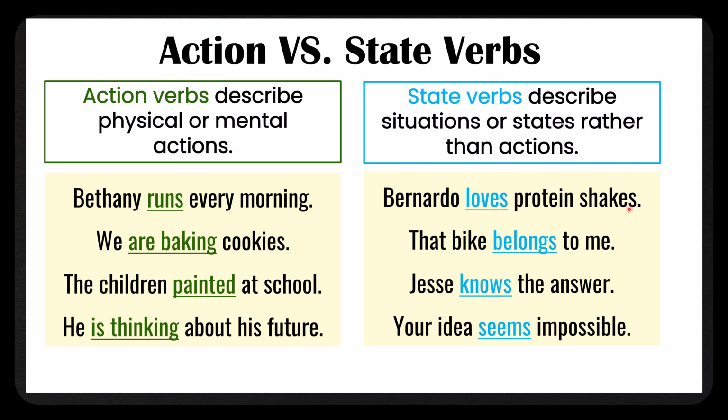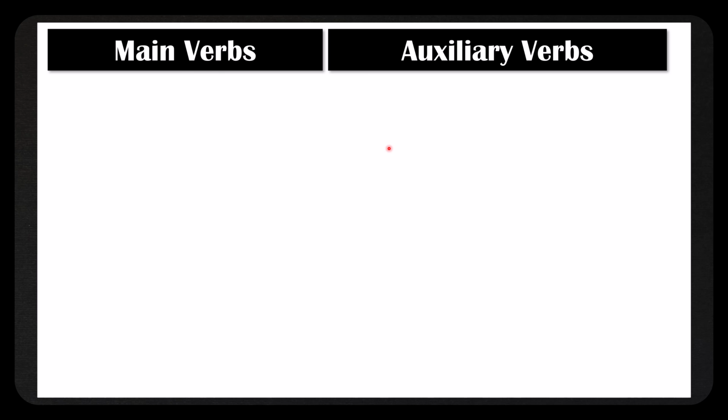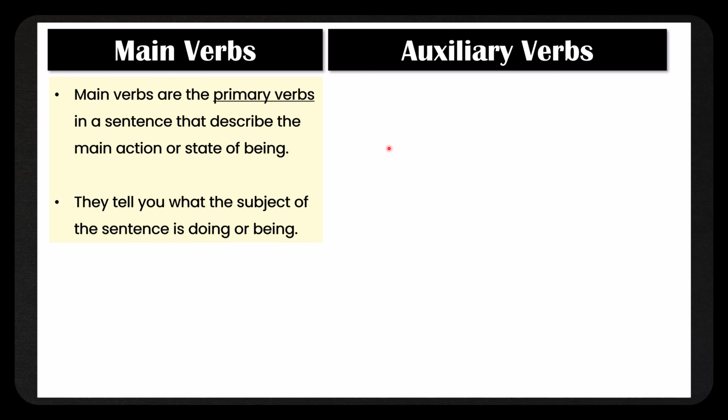However, in this video, we are focusing on main verbs and auxiliary verbs. So both action verbs and state verbs are considered main verbs. And main verbs are the primary verbs in a sentence that describe the main action or state of being.